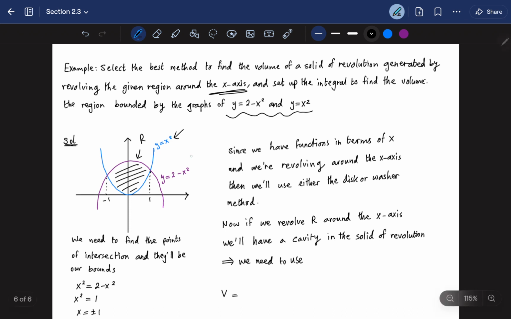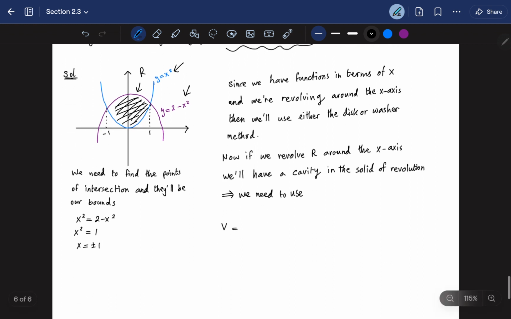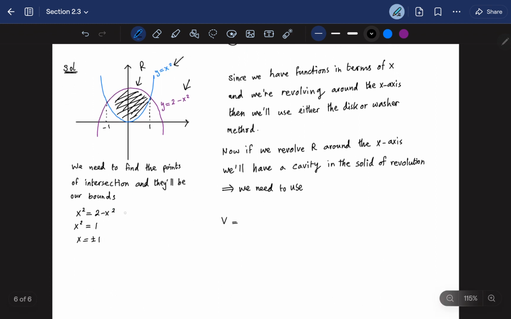I have x squared and 2 minus x squared, and between these two functions I'll have this region R. So let's find these points of intersection. Once you find the points of intersection, you equate the functions, you solve it, and you're going to get -1 and 1. So these are my starting and end points of the region.